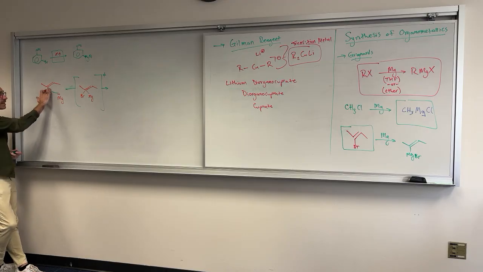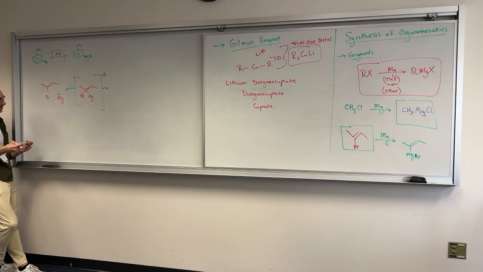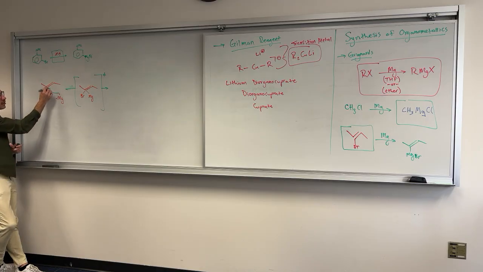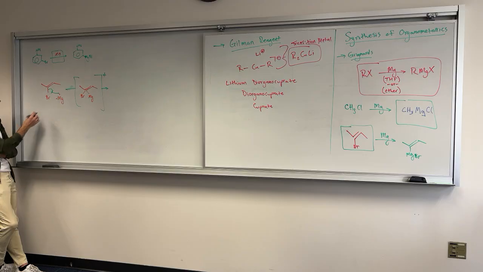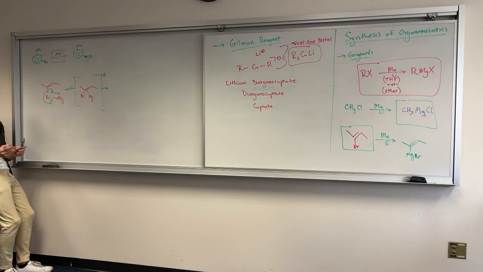So maybe then we have to reconsider our mechanism, and I apologize, I know some of you guys are writing this down. Maybe the mechanism is more like 2 radical reactions, where the magnesium donates 1 electron to the carbon, and carbon takes 1 of its bonding electrons for the magnesium, and the bromine takes the other bonding electron and takes 1 electron from the magnesium.